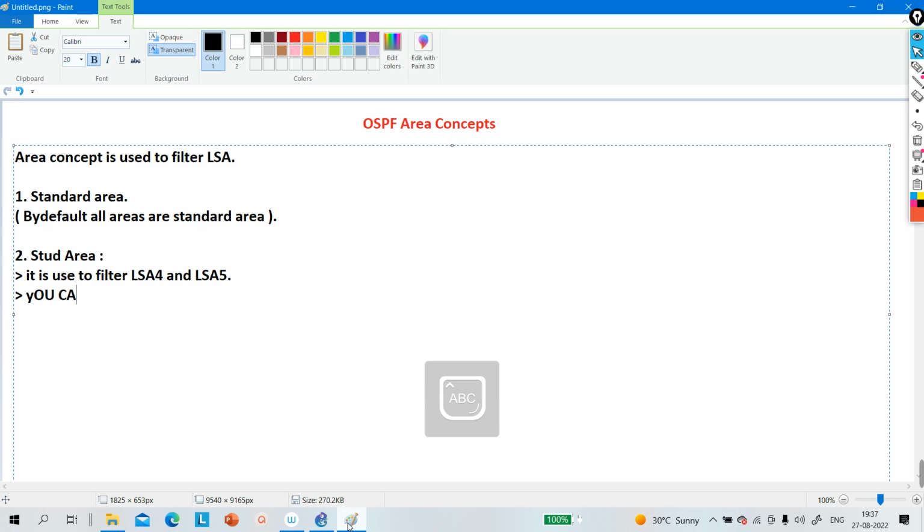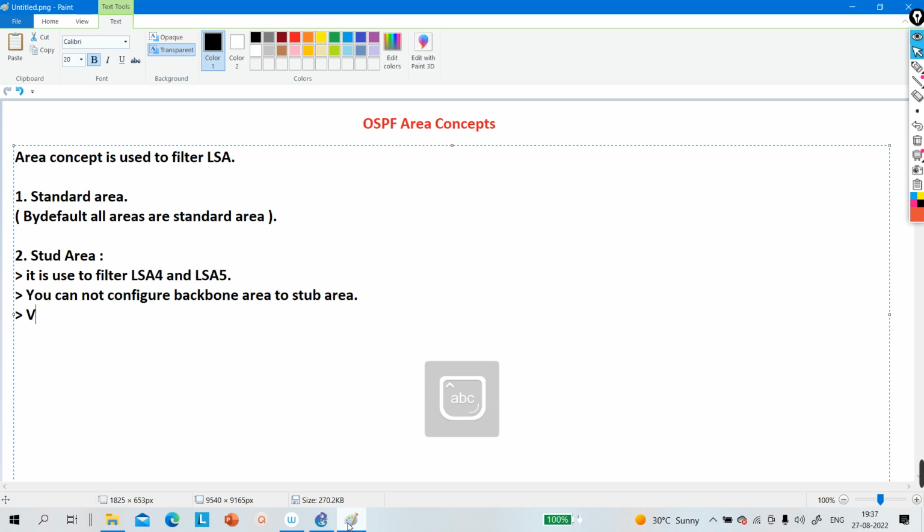But you can't configure the backbone area as a stub area. Fine. Second point, you can't configure a stub area on a virtual link.